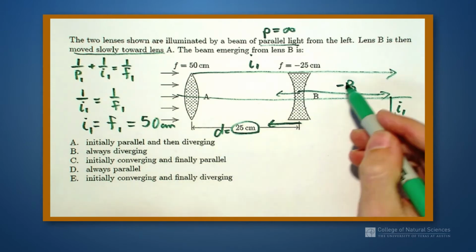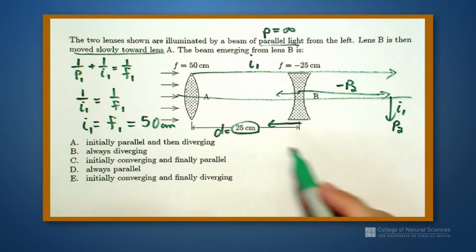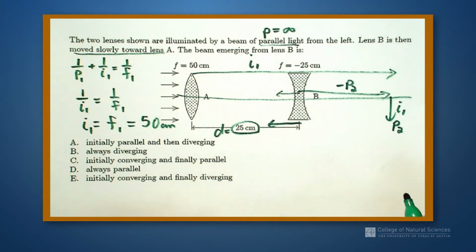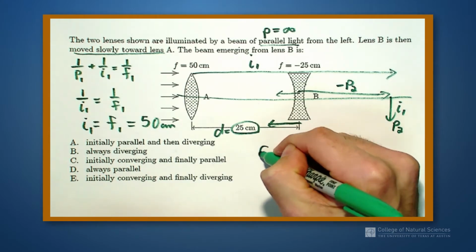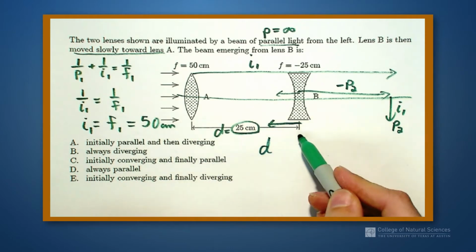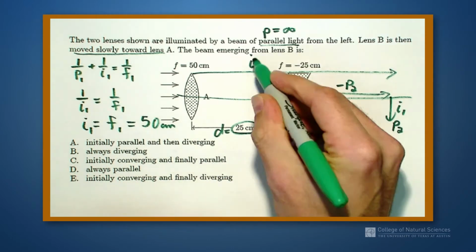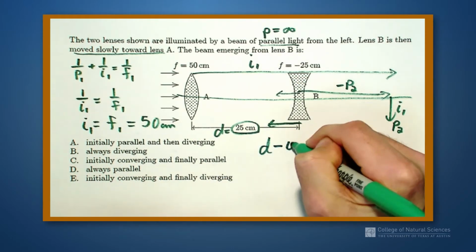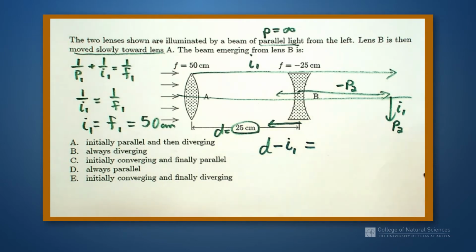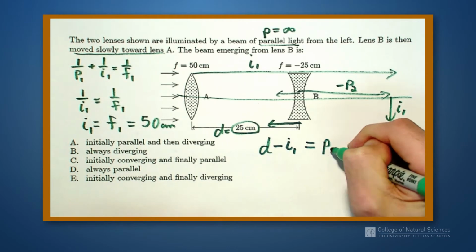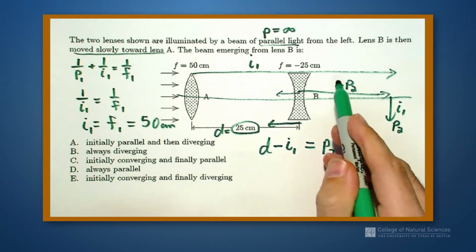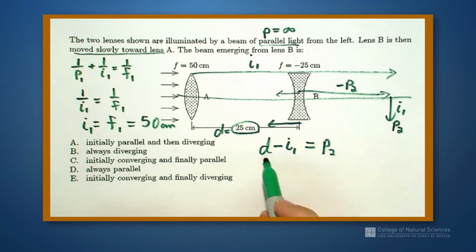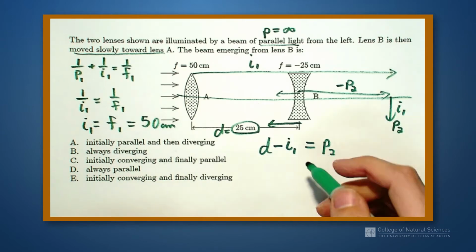So I need to have a relationship between P and D and I to get this to work. So let's try one, make sure that I get it. So D is the total distance. If I subtract off what I is, I1, this should get me my distance of P2. And I put this minus sign in here just to remind me that it's a negative value. So let's check that to make sure that that negative value works.